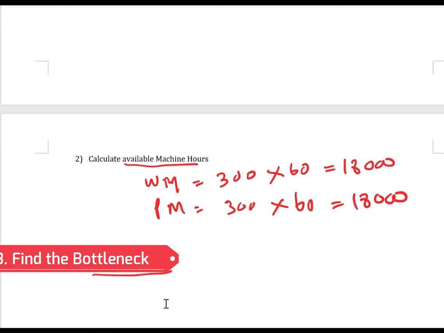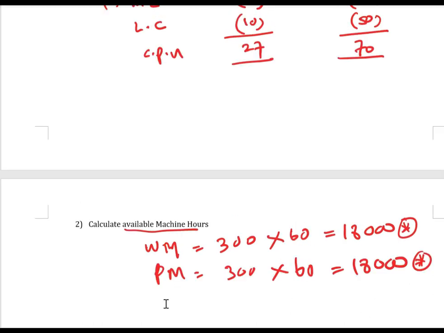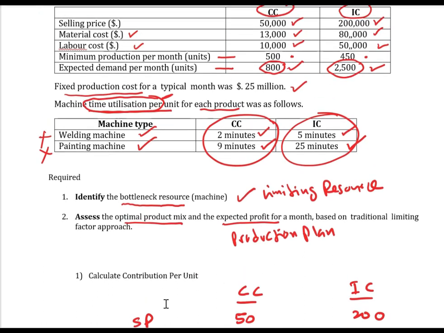Welding machine has 18,000 minutes and painting has 18,000. Now how much is required to produce these two cars, CC and IC? How many machine hours are required? If you take the welding machine, we calculated it has 18,000, and the painting machine also has 18,000.